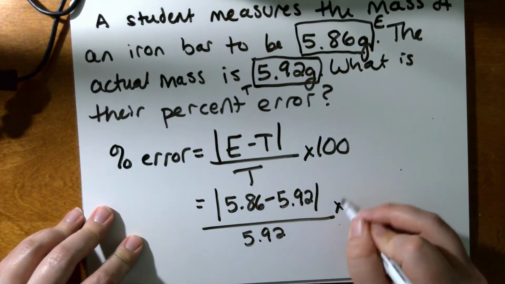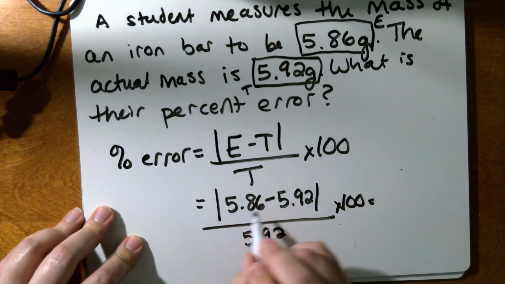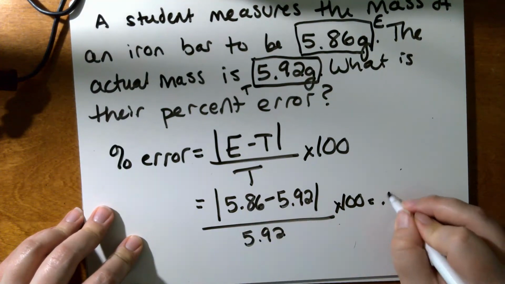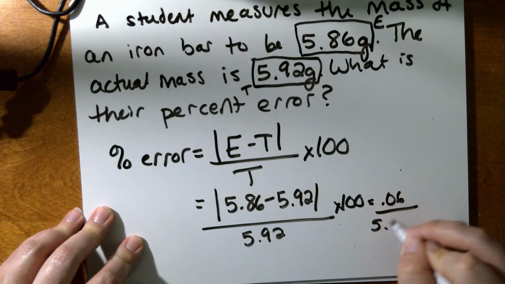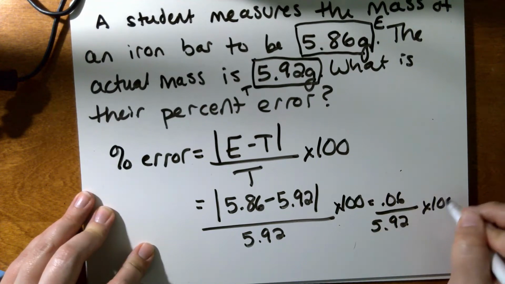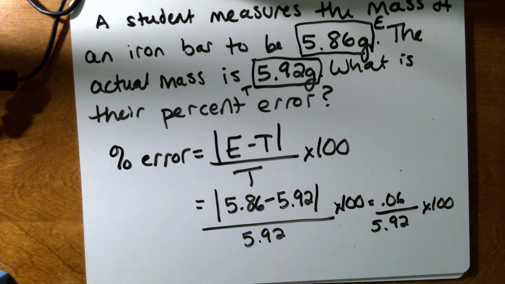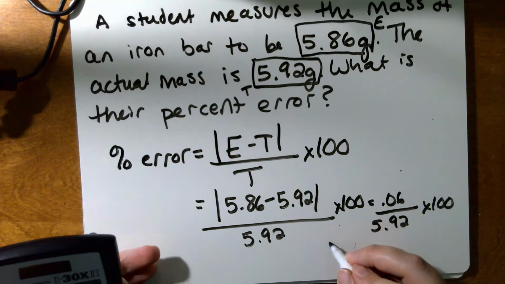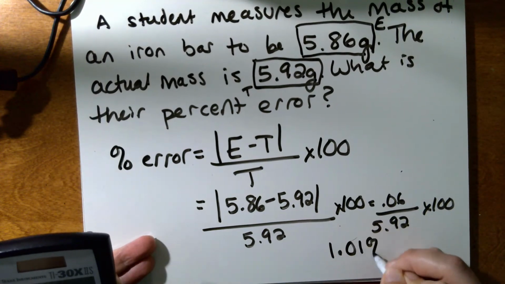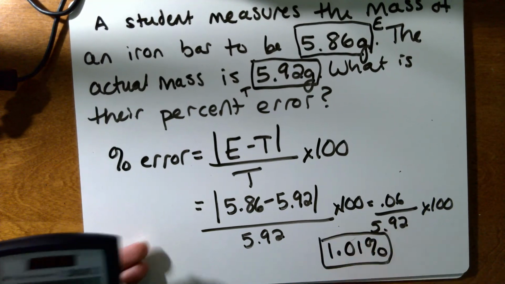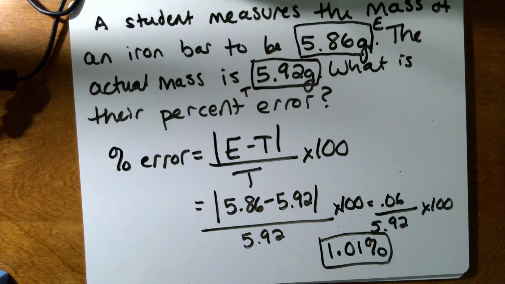It's always theoretical times 100, so that when we take the absolute value of that, we get 0.06 divided by 5.92 times 100, and that would give us 1.01% error.